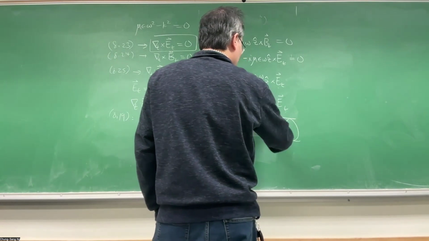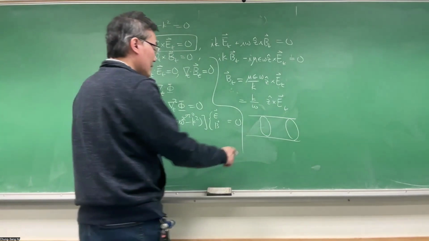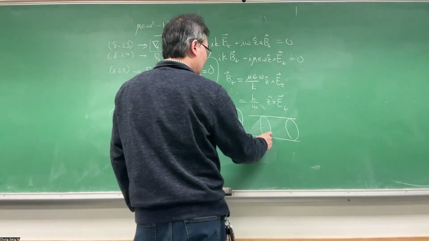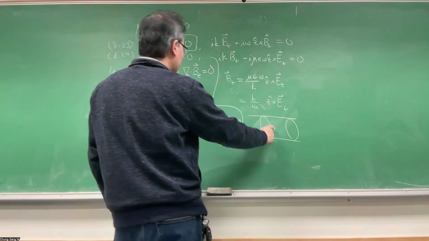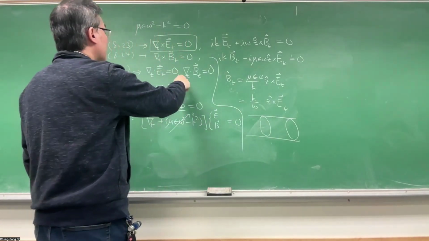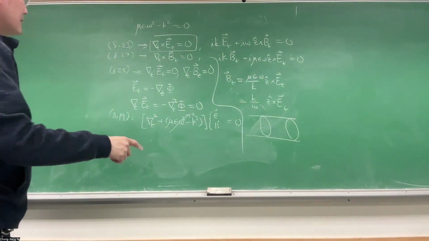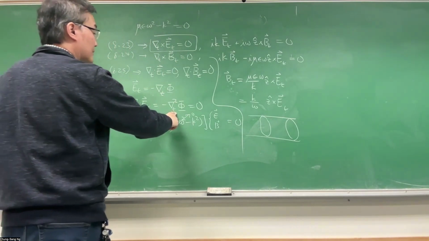If it's the same along z, that's called a cylindrical waveguide. But this one actually does not support TEM mode, because over the cross section we need to satisfy Laplacian phi is 0.